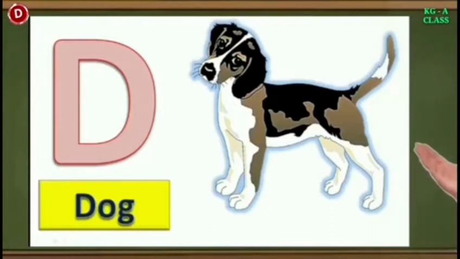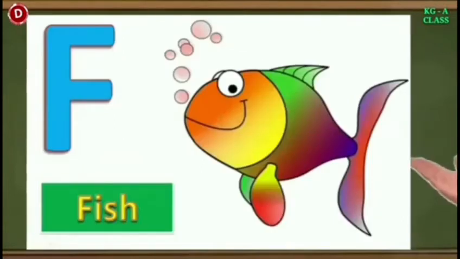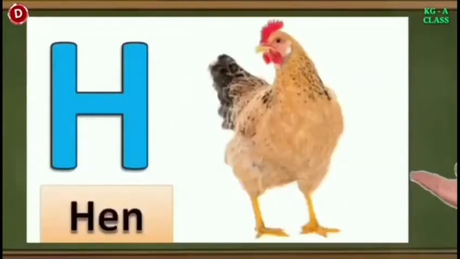Now comes E, children. Look here. This is E. E for elephant. Now the next letter is capital F. F for fish. Children, this is G. G for goat. Now comes H. H for hen.